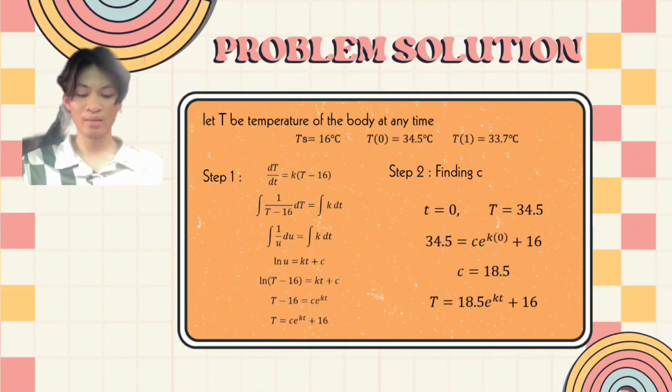We will get ln(T minus 16) equals Kt plus C. Then to find C, we use the initial temperature, at t equals 0, the temperature is 34.5. Substituting, we get 34.5 equals Ce to the power of K times 0 plus 16. Then we get C equals 18.5.